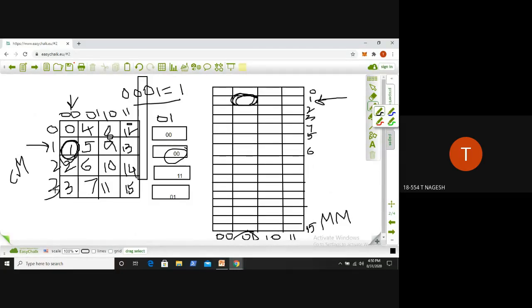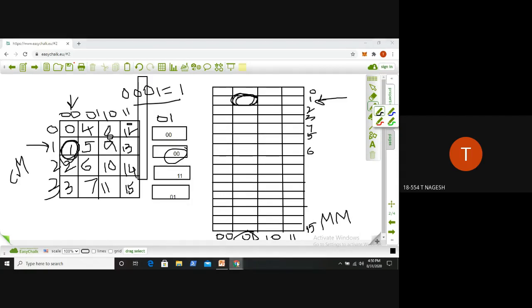That means this entire cache line will be wasted. So this is the main disadvantage of this direct mapping technique. Sometimes it will waste the cache memory.